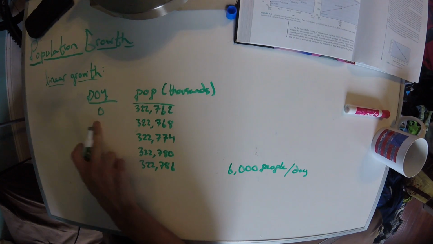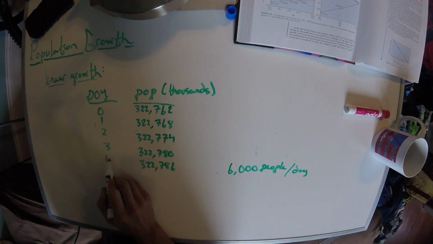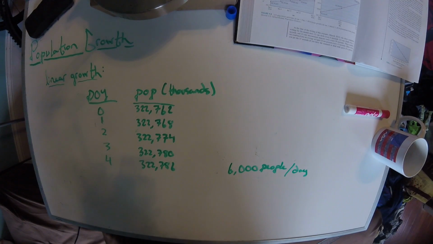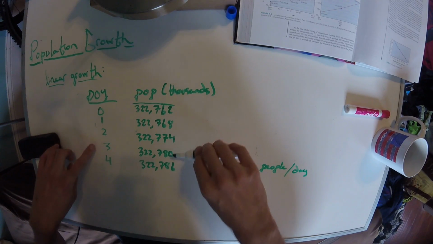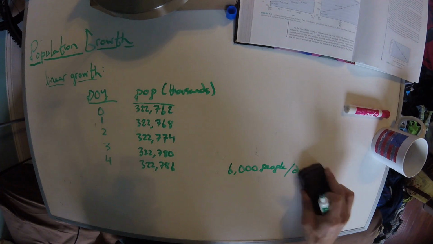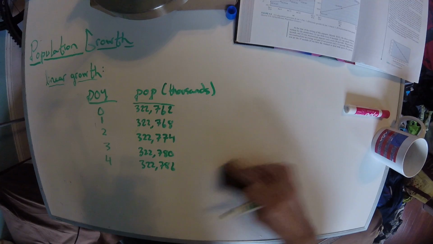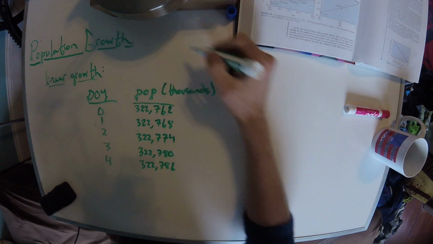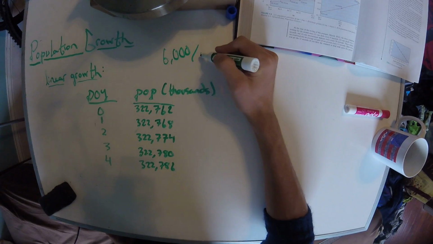And okay, that's enough of that. So this is day 1, day 2, day 3, day 4. So the first 5 days of 2016 give us this population roughly for each day. Okay, so now let's say that what we want to do is, I'm just going to put that rate back up here somewhere so I don't forget.